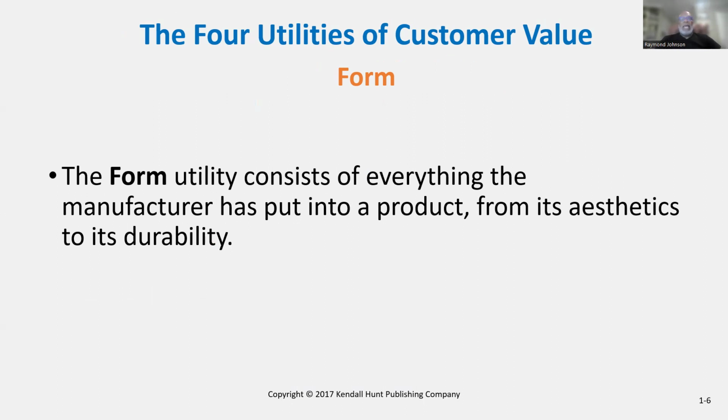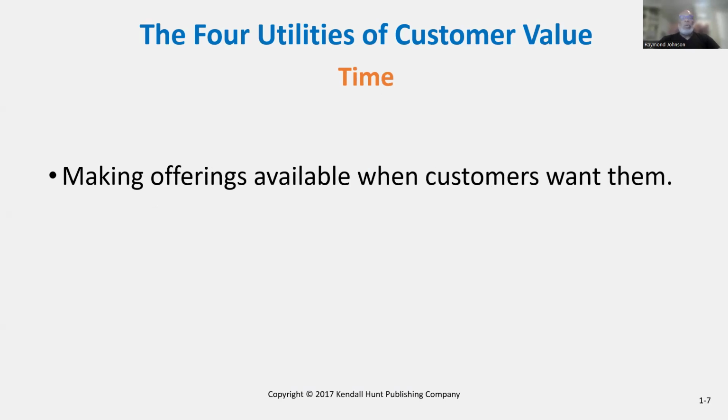If you are looking at an automobile manufacturer, they start with tires, raw metal, buckets of paint, etc. They use expertise and intellectual capital to bring all that together and manufacture a vehicle. All the tangible and intangible items that go into the manufacturing process are considered the form utility.